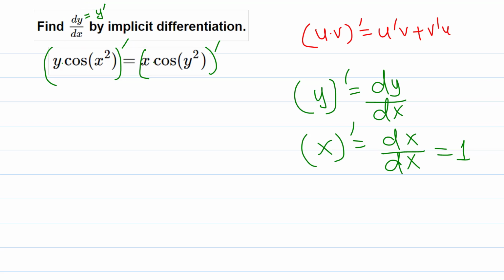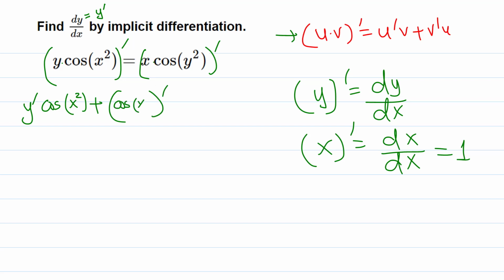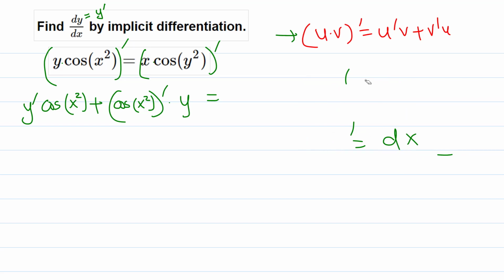So here, using the product rule, I got y prime times the second factor, plus the derivative of the second factor, which I'm going to do in the next step, times the first factor. In the same way, let's use the product rule on the right hand side.